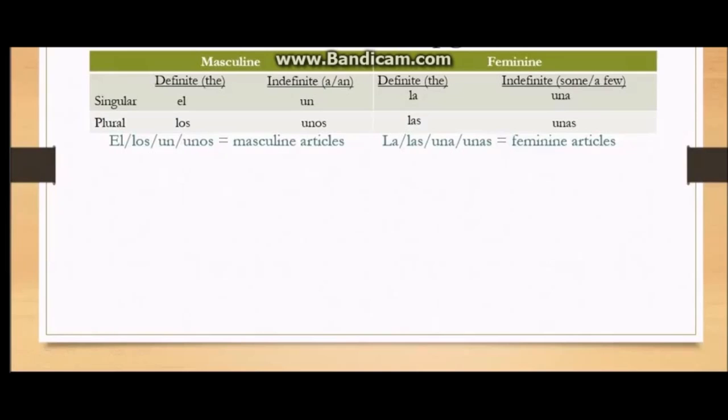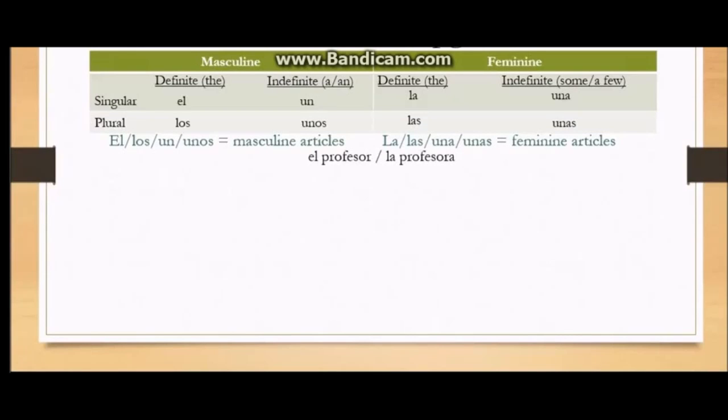El, los, un, and unos are masculine articles. La, las, una, unas are feminine articles. For example, let's say we have the noun profesor and profesora, and we want to use a definite article.